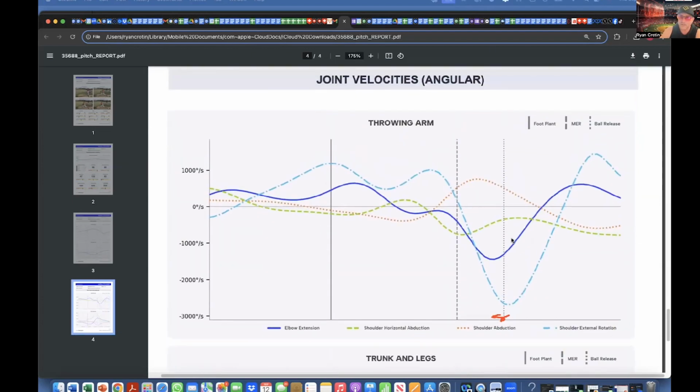The throwing arm you want for its velocity. Here we can pretty much look at the shoulder internal rotation. That's got to be close. This is happening after ball release, but you want these things to be timed up well, right? When we look at this.